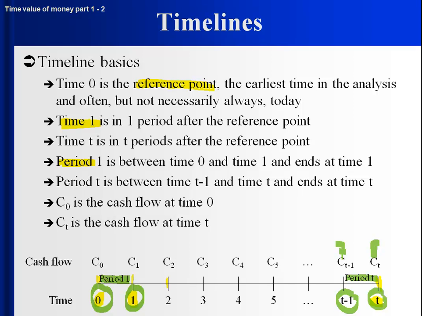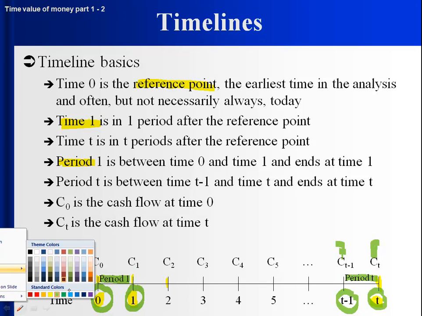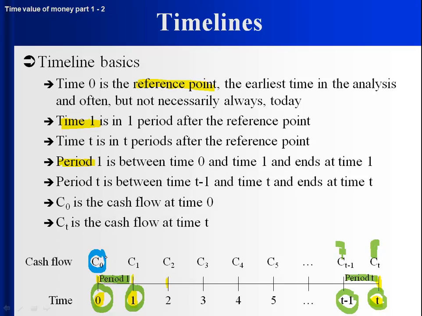C with the little subscript tells us at what point in time a cash flow takes place. So you can see we have C0, that is the cash flow at time 0. C1 is the cash flow or expected cash flow at time 1. C2, cash flow or expected cash flow at time 2. And although, again, the general is C sub t, which is the expected cash flow at time t.